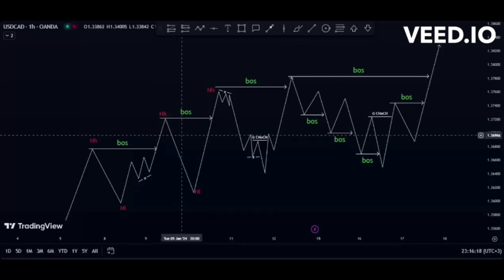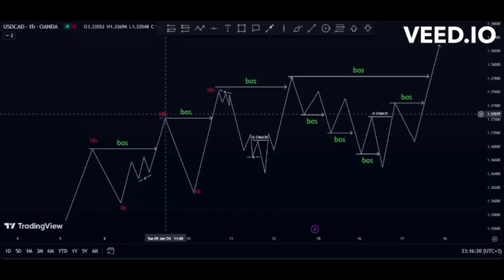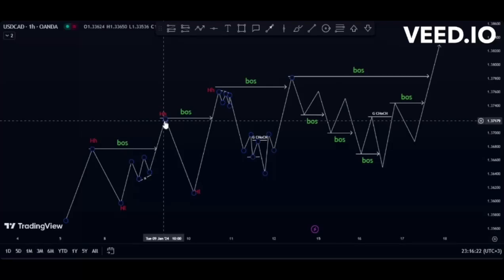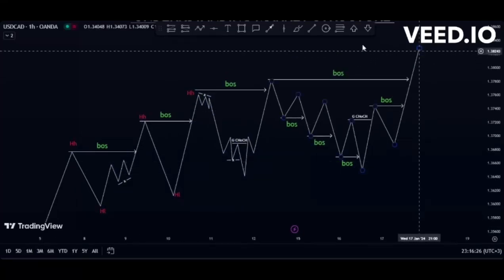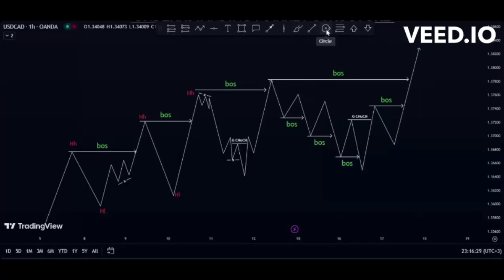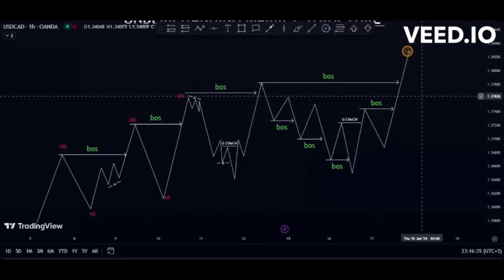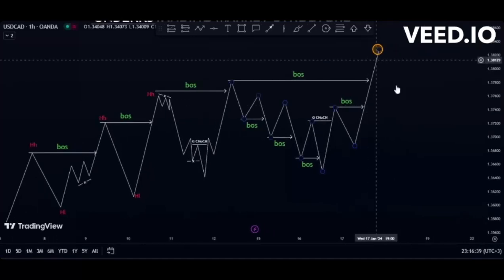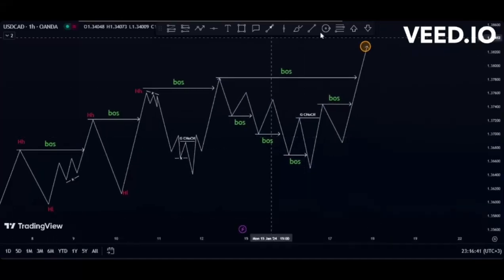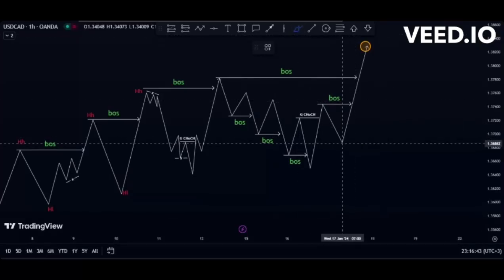So the current high, like for example in this case, this one here is our current high, as you can see here. This high forms a structure. But as you can see, we have an internal liquidity right below here.